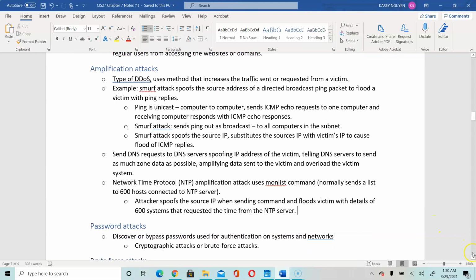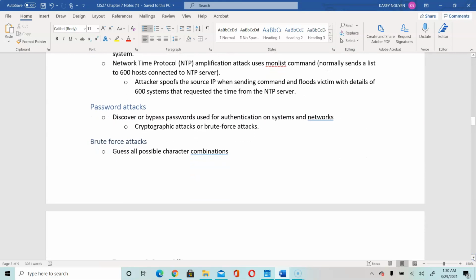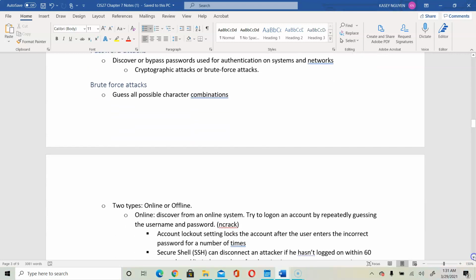Now going back to our notes, next we're going to talk about password attacks. And password attacks include brute force attack, dictionary attack, and rainbow attack.